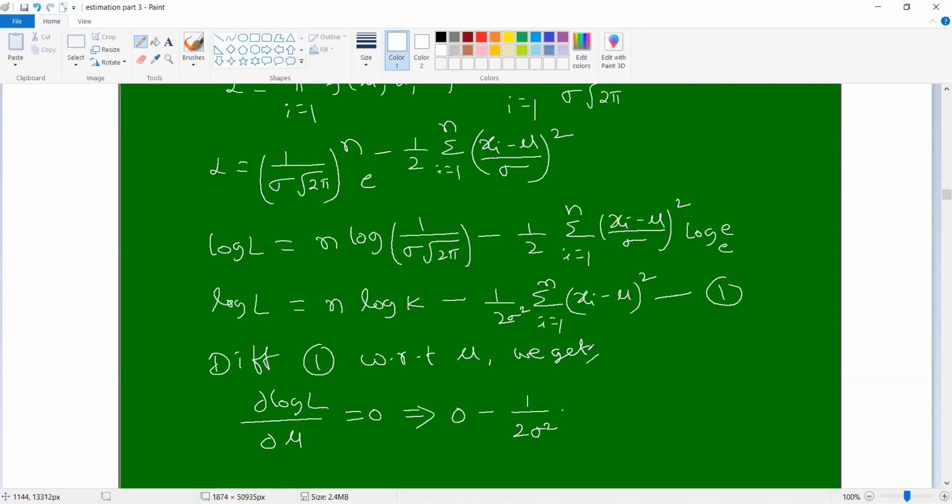Now treating the bracket as x square, differentiation of x square is 2x, so 2 into summation i is equal to 1 to n xi minus mu. Again, differentiation of the bracket function: xi is a constant value, mu is a variable, differentiation of mu is 1, and the constant gives 0, so 0 minus 1 is minus 1, equating to 0.